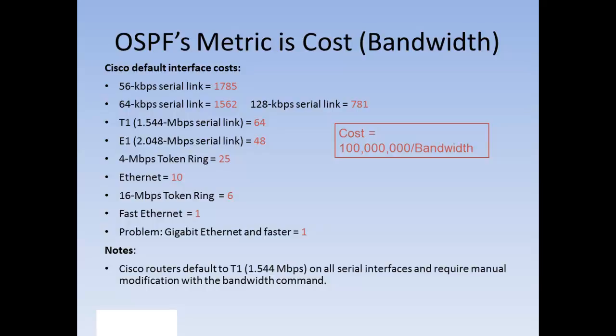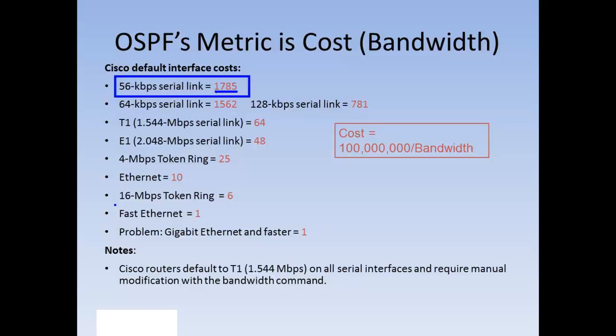So these are some default costs or default bandwidths. Suppose you have a 56 kbps serial link connected from one router to another router, then the cost will be 1785, but it's very slow. We are not using 56 kbps links nowadays. We are working on at least 1 Mbps, 10 Mbps and more than that.